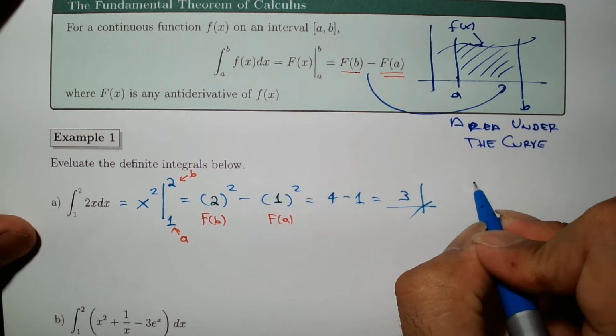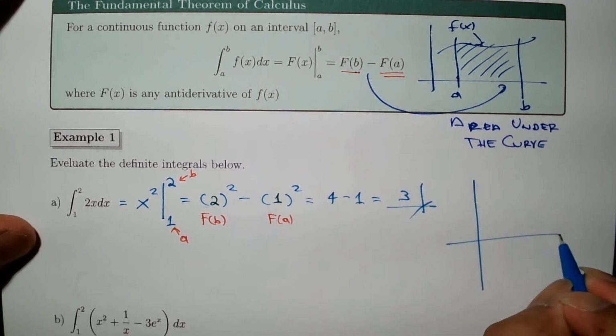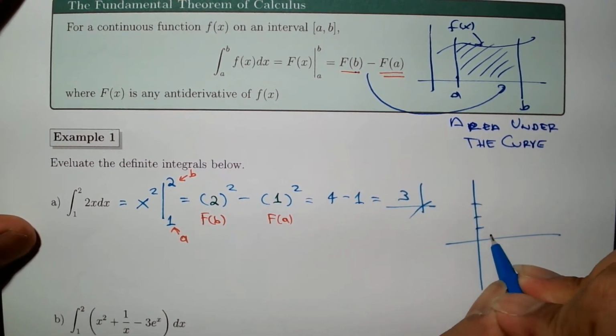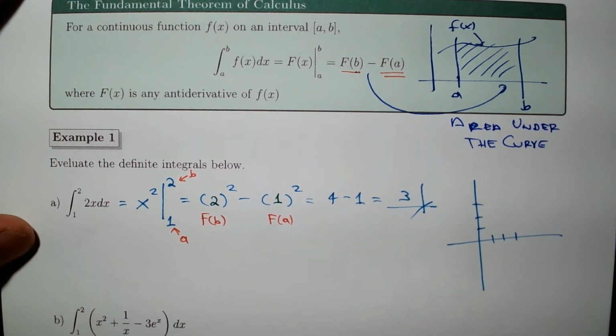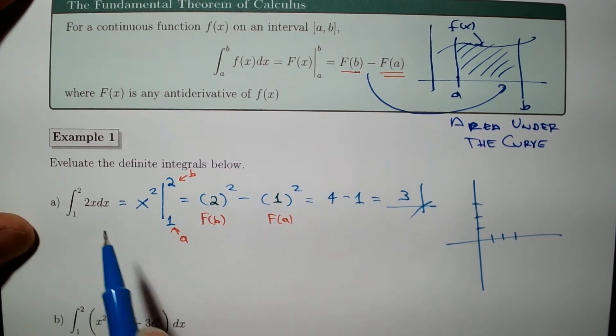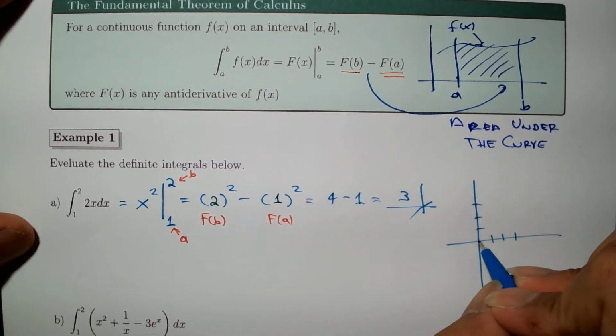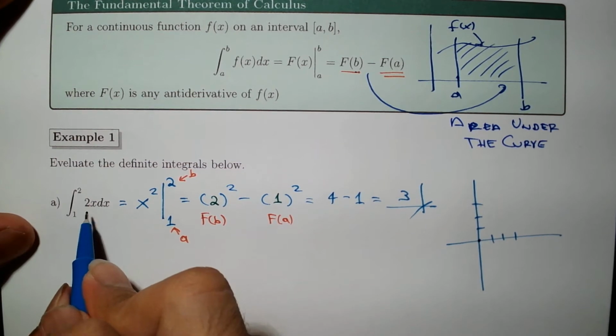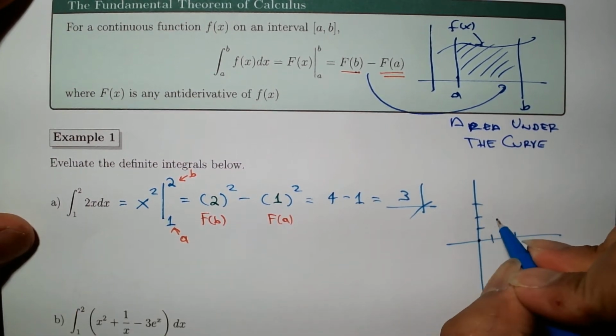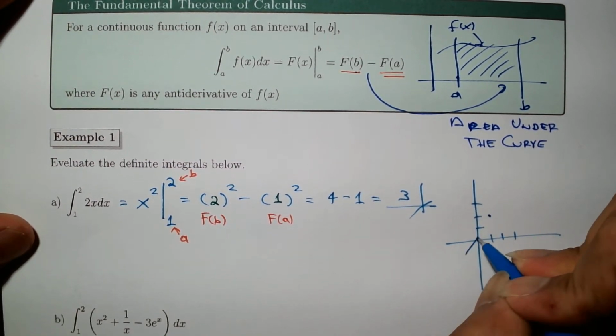So this represents, that's 1, 2, 3, 1, 2, 3. Ultimately, I'm not going to ask you to do this on the homework, and I'm not going to do this for every single problem. Just for this example, we have the graph of f of x equals 2x, which looks kind of like this.